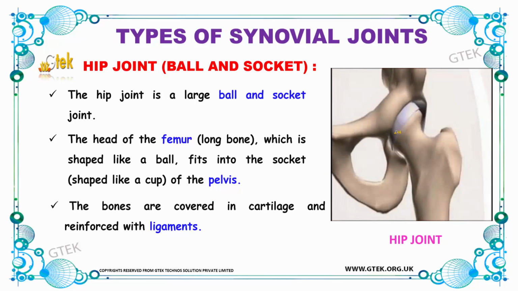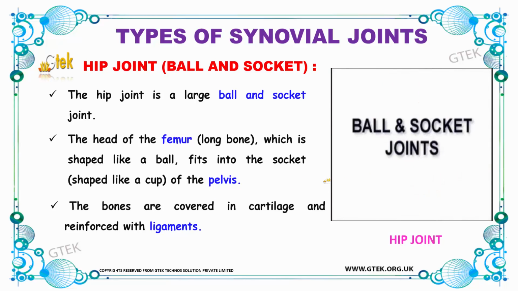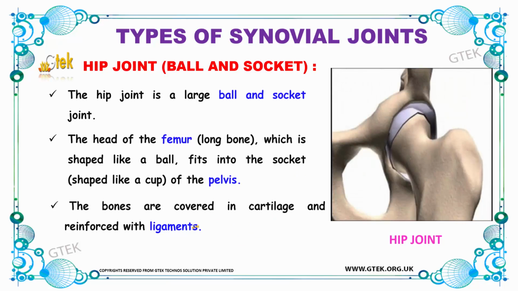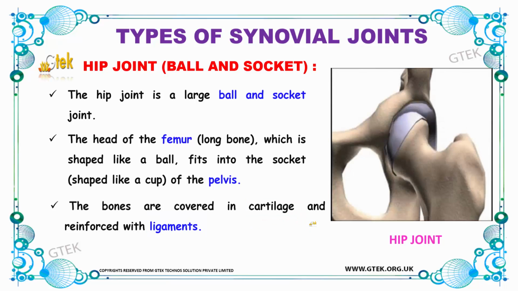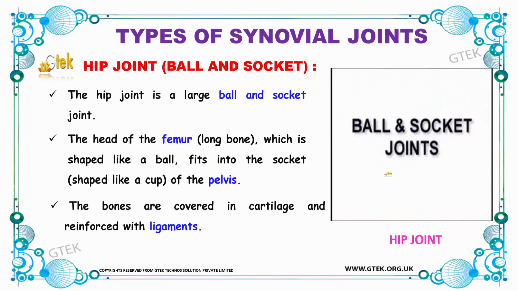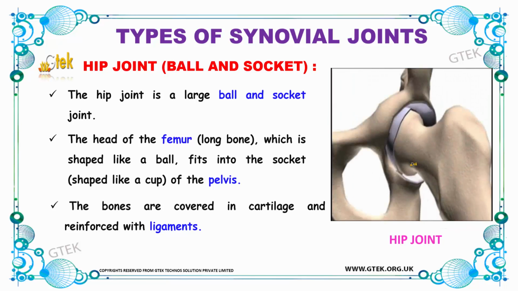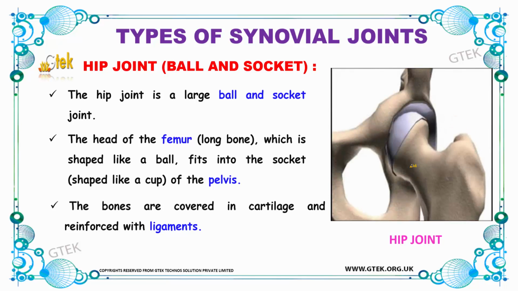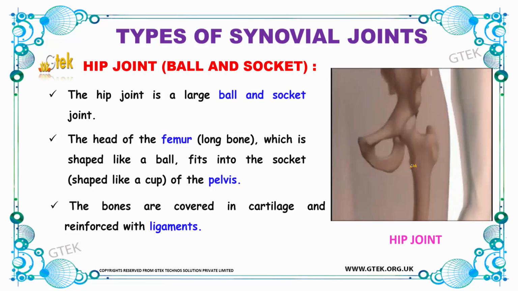So this gives a ball and socket effect. The bones are covered in cartilage and reinforced with ligaments, which ensures smooth movement. So that is about your hip joint, which is a ball and socket joint.